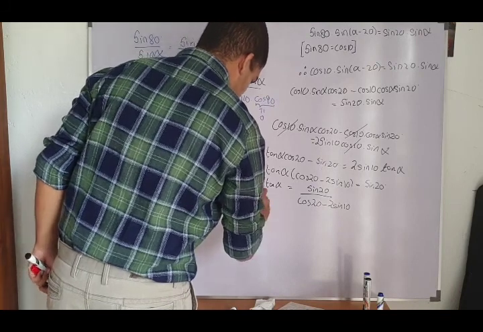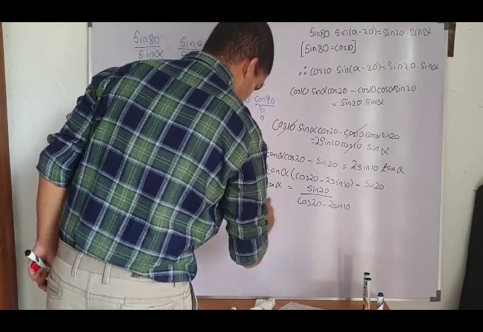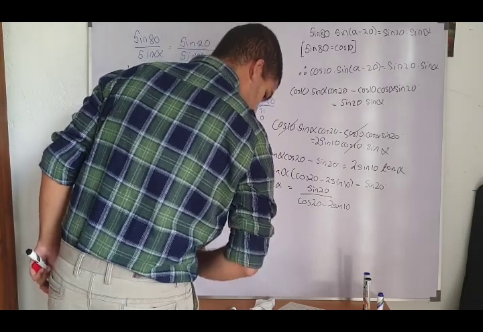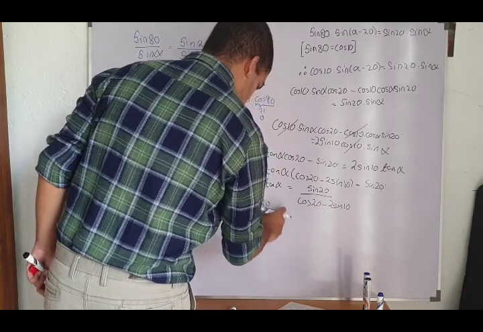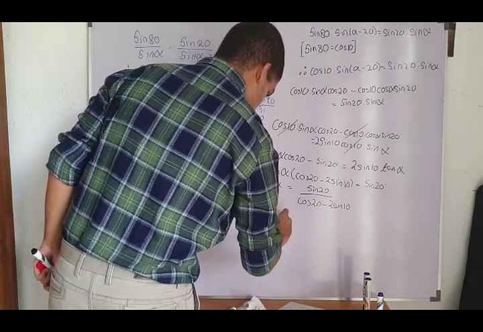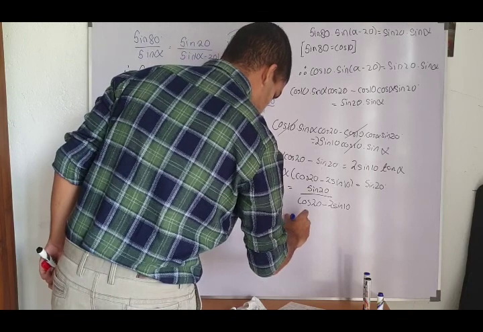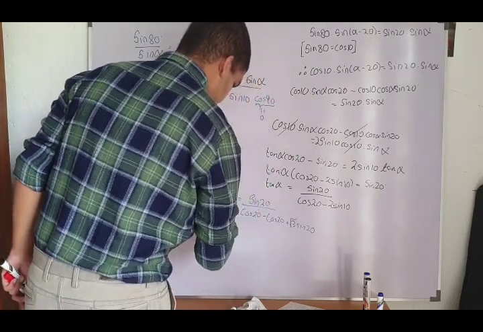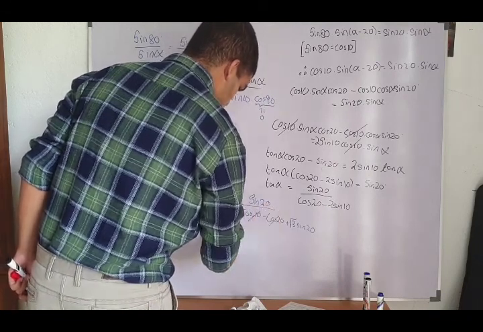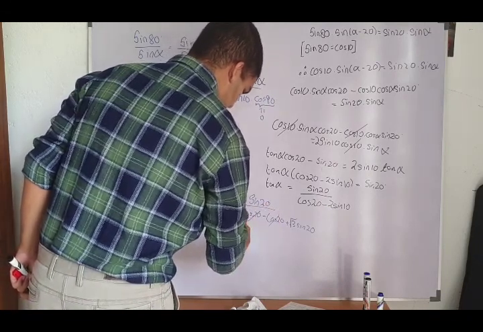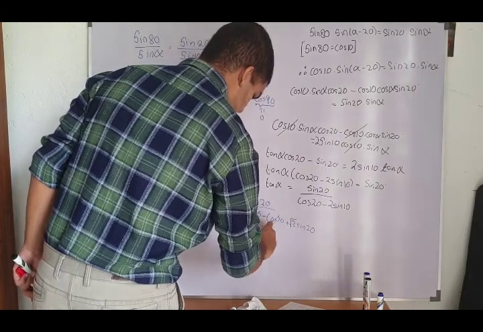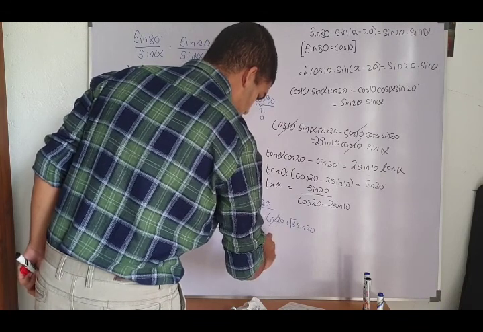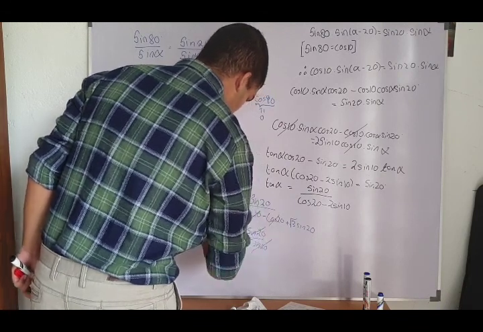Tan alpha is equal to sine 20 over cos 20 minus cos 20 plus root 3 sine 20. The cos 20 terms cancel to 0. So tan alpha is sine 20 over root 3 sine 20, and sine 20 can be cancelled off.